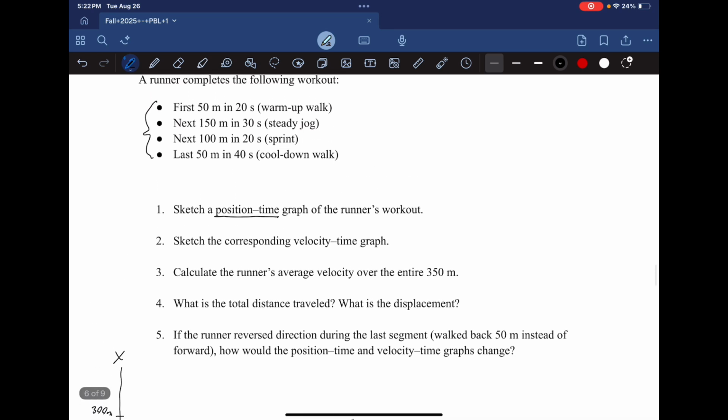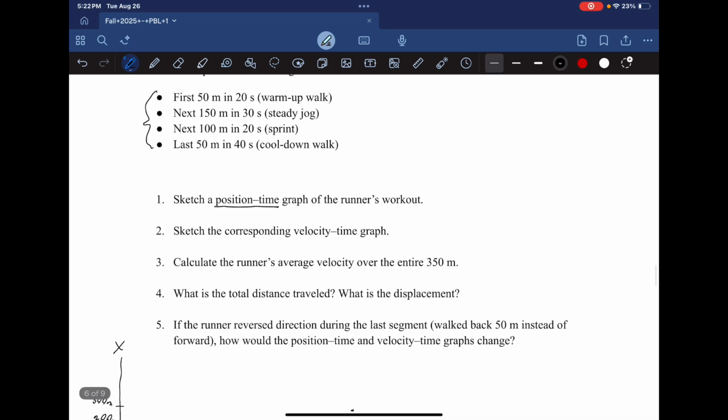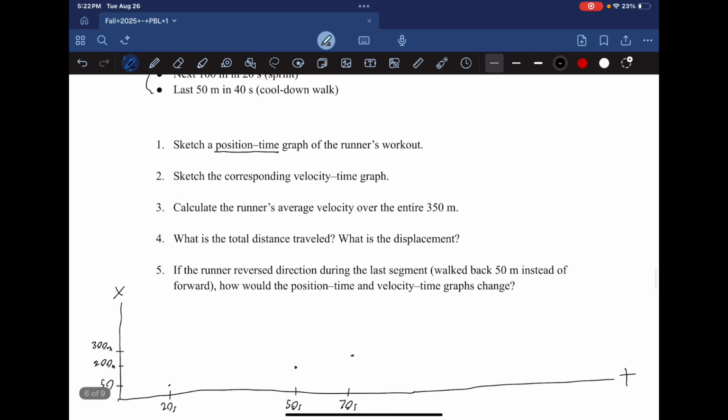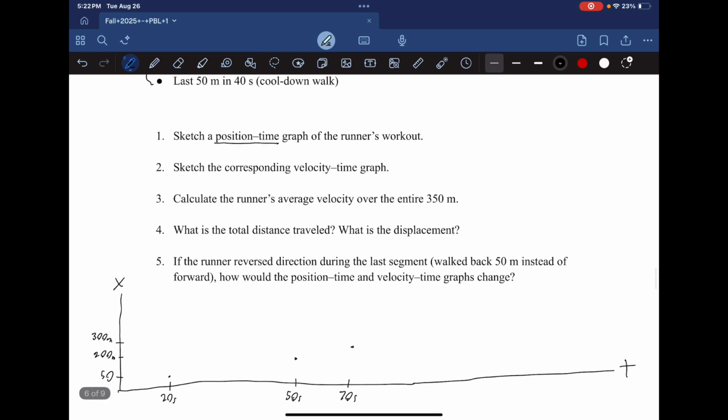And then finally, he moves the last 50 meters in 40 seconds. So 70 plus 40 is going to be over here, 110 seconds. And he moves another 50 meters, so that's going to be right here, about.